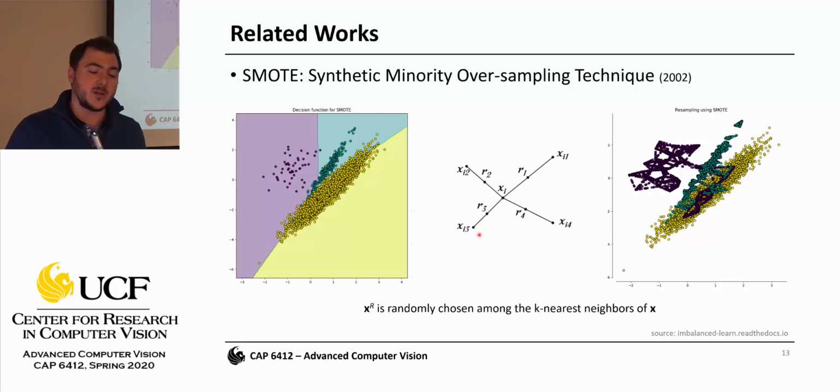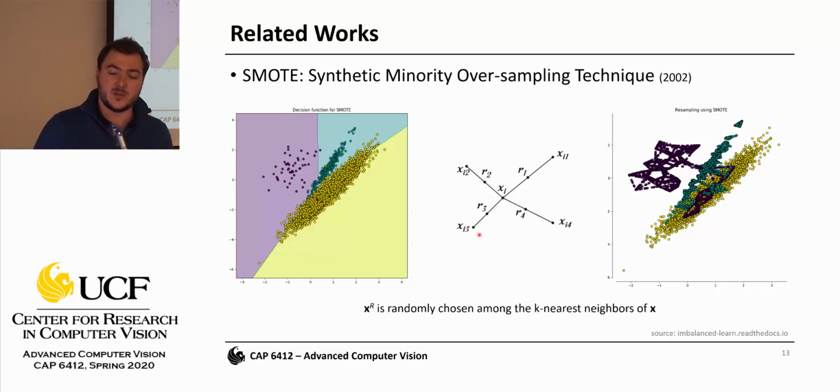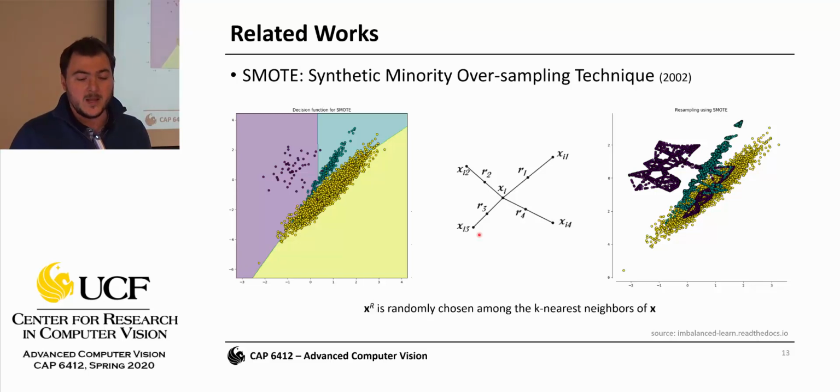So, related works. How can you oversample datasets? This is a known method for doing that, first introduced in 2002 and still widely used. The idea is you choose the k nearest neighbors of a point, and then you distribute points using the Euclidean distance between those points.